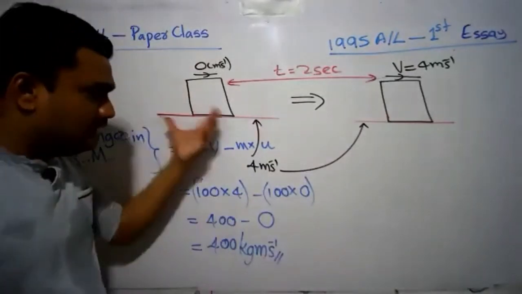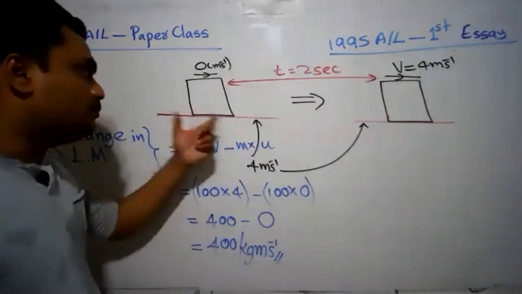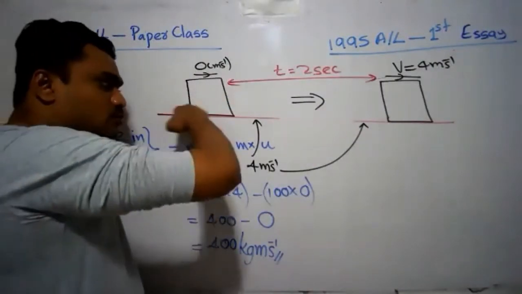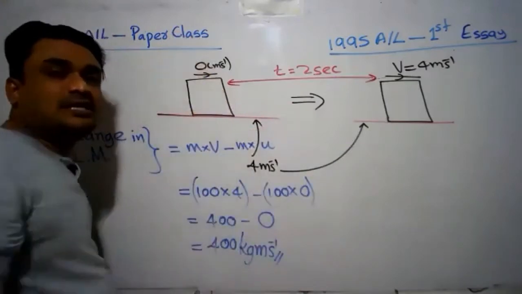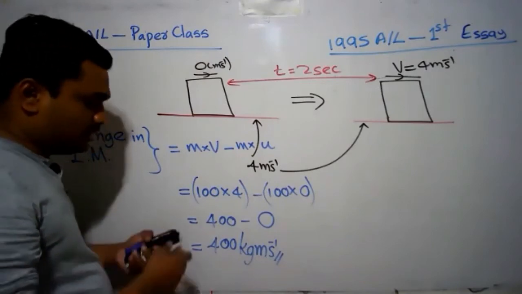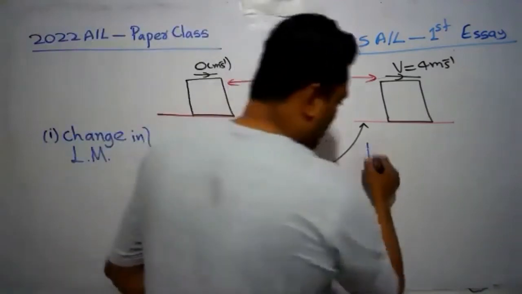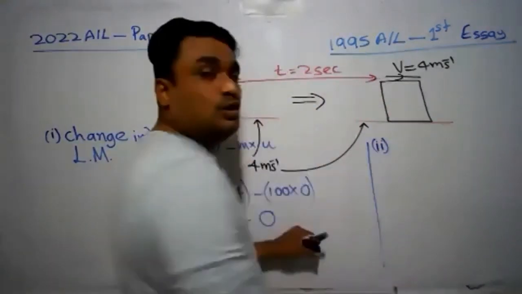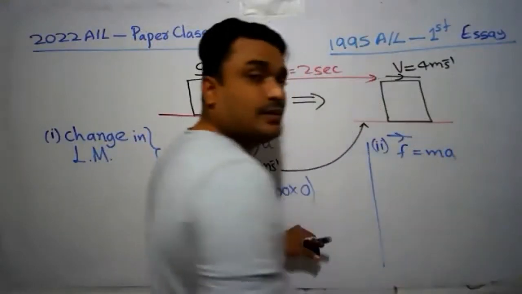So this force is actually given by the friction between the belt and the box, right? So the belt is moving to the right hand side, the box is trying to be at rest due to its mass and inertia, right? So there will be a friction force in this direction. So first of all, let's calculate the friction force, right? To calculate the force acting on the box, I can apply F equals ma, right?